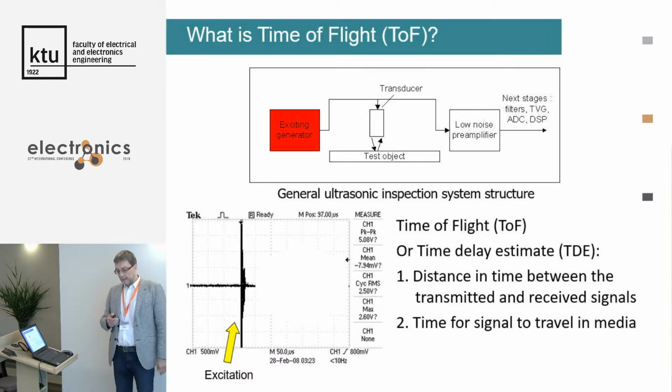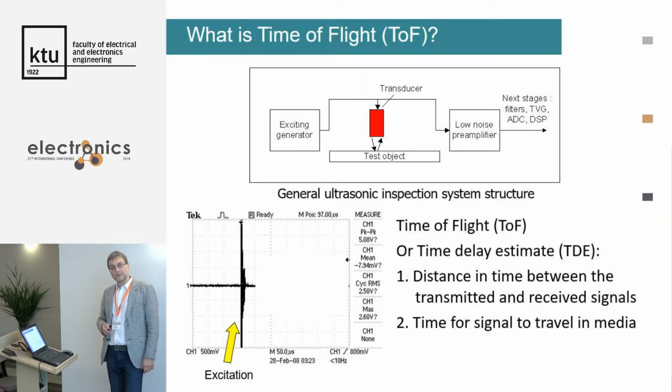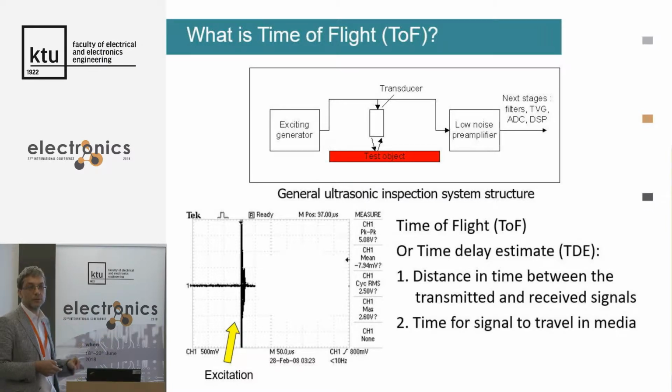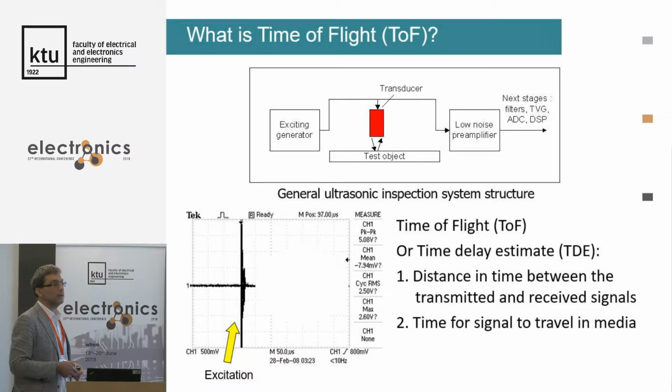A high voltage signal is produced for probing, and then this signal travels into an ultrasonic transducer and then into the test media. And if there are some defects or inhomogeneities, or we just want to measure how long it took the signal to propagate through the media, the signal is received back.